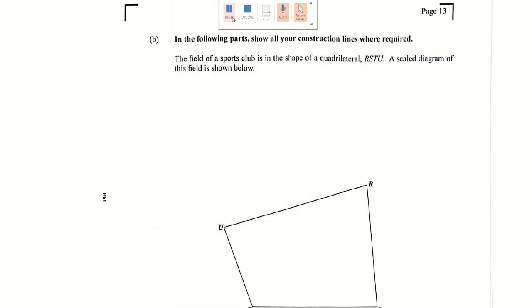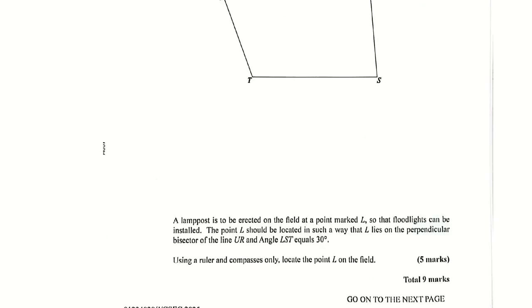Next one, the field of a sports club is in the shape of a quadrilateral, which just means a four-sided shape, RSTU. A scale diagram of this field is shown below. The lamppost is erected in the field at the point marked L so that the floodlights can be installed. The point L is located in such a way that L is on the perpendicular bisector of UR.